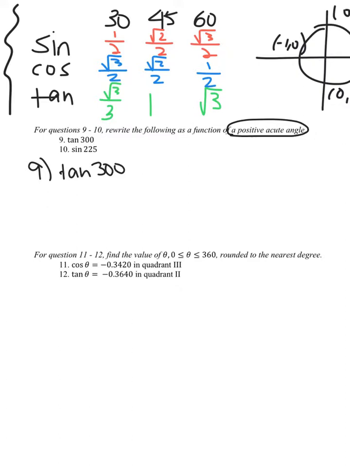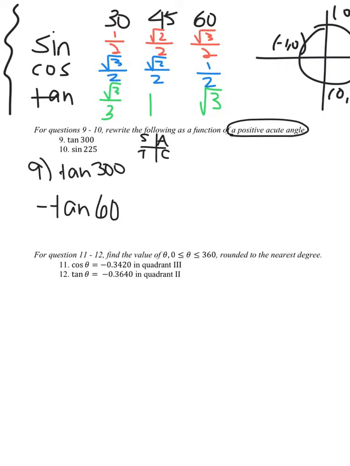First, 300 degrees is in my 4th quadrant, and in the 4th quadrant, using All Students Take Calc, only the cosine is positive, so this is going to be negative tangent. And then you have 300 degrees. So the reference angle for 300 degrees, how far away am I from the x-axis? I am 60 degrees away.